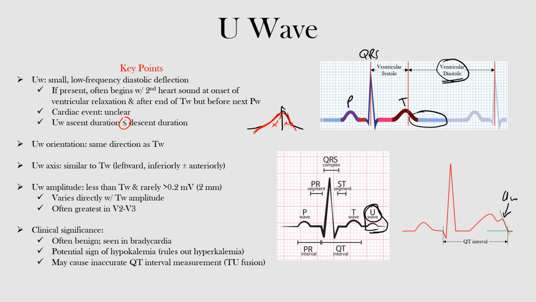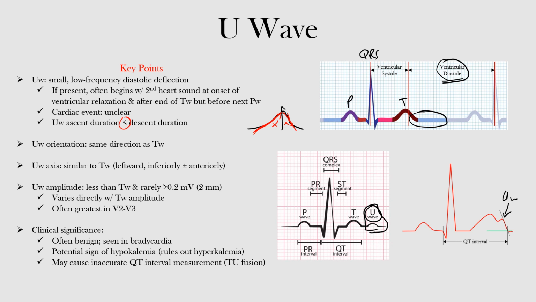Now, in terms of clinical significance of the U wave, well, it's often benign and seen in bradycardia, that is, when the heart rate is slow. It is considered a potential marker of hypokalemia. So when serum potassium levels fall, you may see this. Therefore, if you see U waves, you have certainly ruled out hyperkalemia from your differential, okay? Because if they're present, then you may have hypokalemia, but you don't have hyperkalemia.